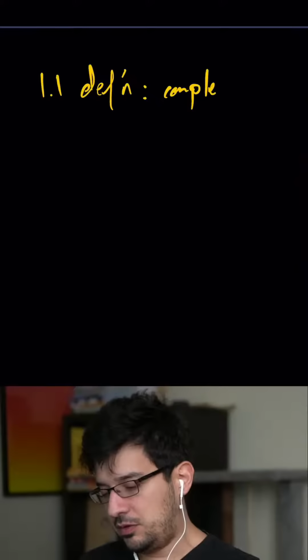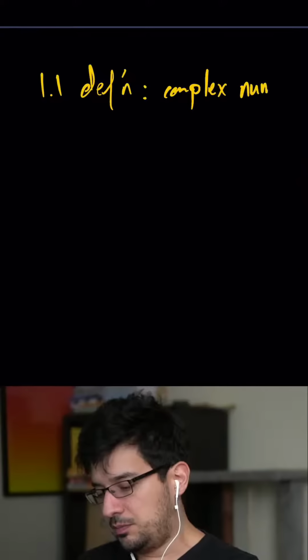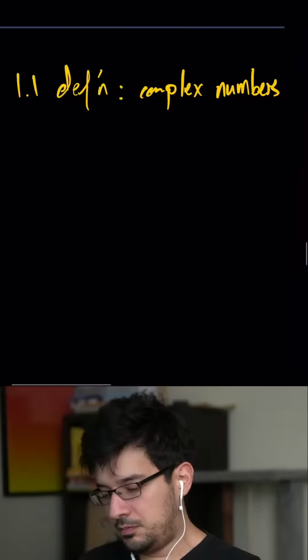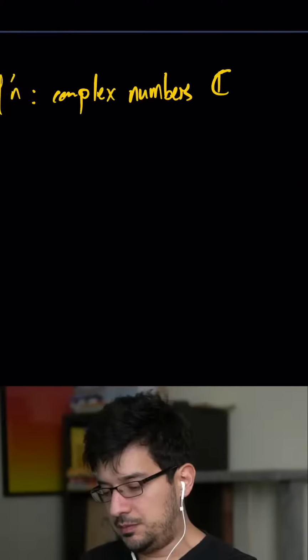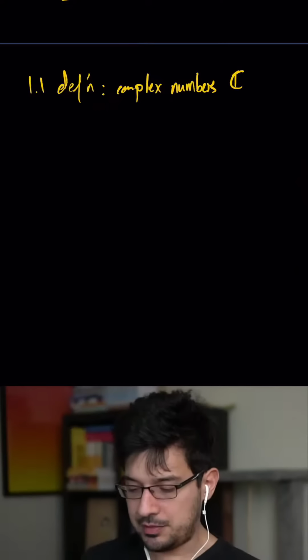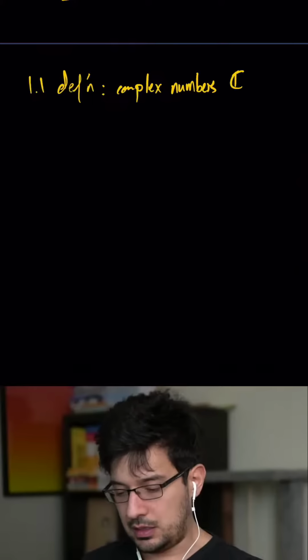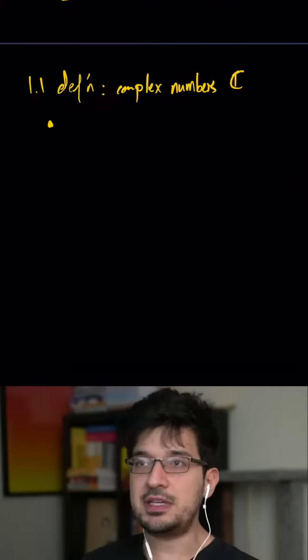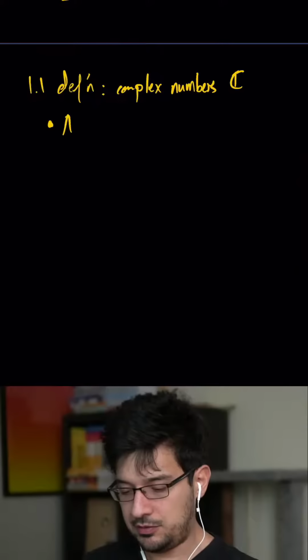1.1. The box also has yellow as well. So, definition of the complex numbers. This will be good to show people who haven't seen formal mathematics, I think. Like a formal definition in mathematics.